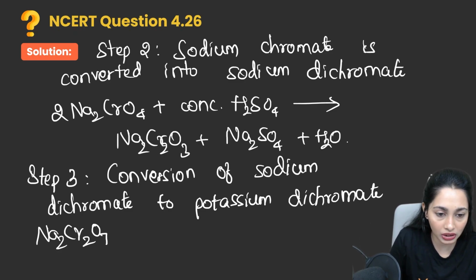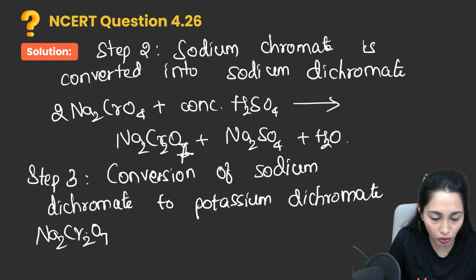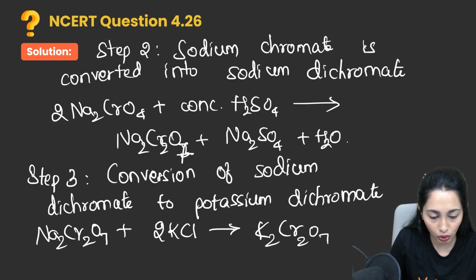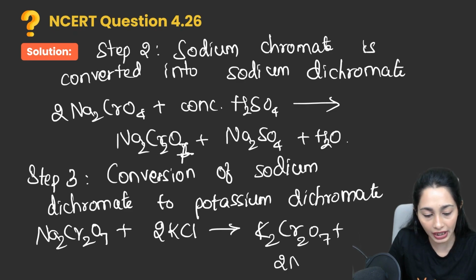Na2Cr2O7, it is not O3, it is O7, is made to react with KCl, potassium chloride, to give K2Cr2O7 along with 2NaCl.